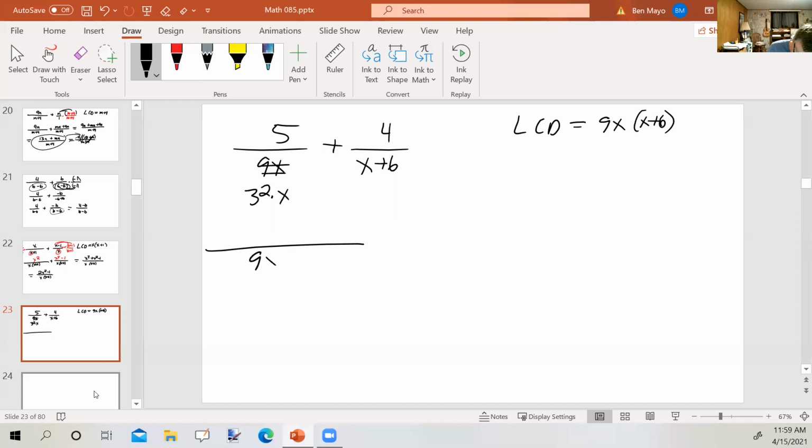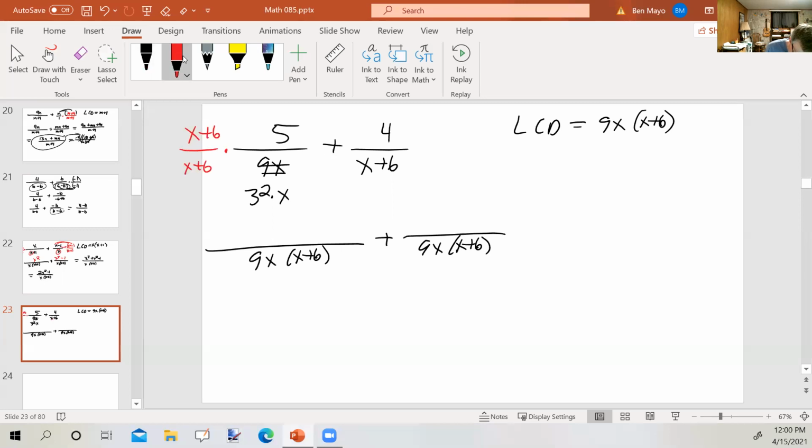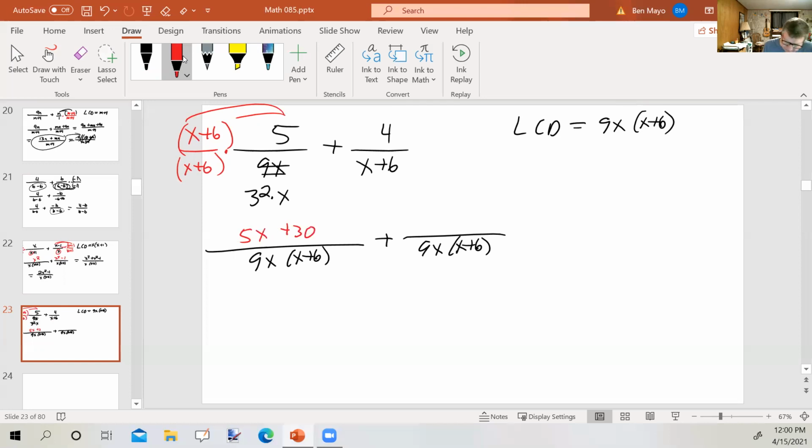So 9x times x plus 6 over 9x times x plus 6. I need an x plus 6 over x plus 6 on the first fraction, so my new numerator is 5x plus 30. I need a 9x over a 9x on the second fraction, so my new numerator is 36x.